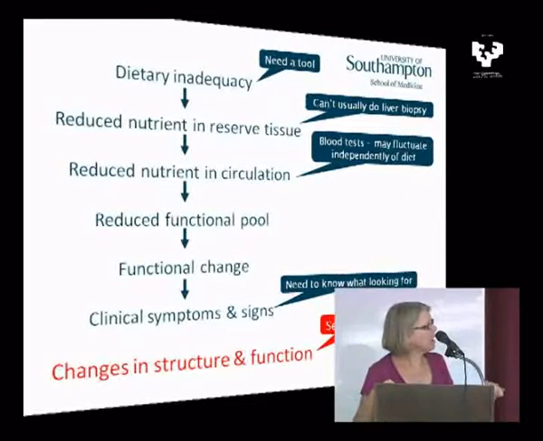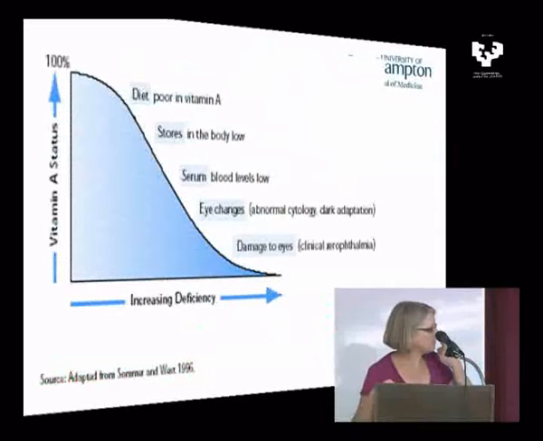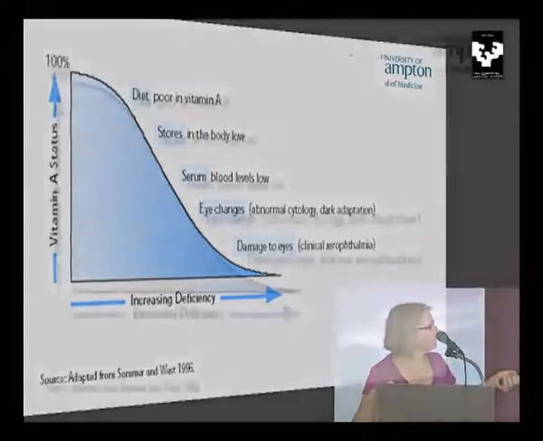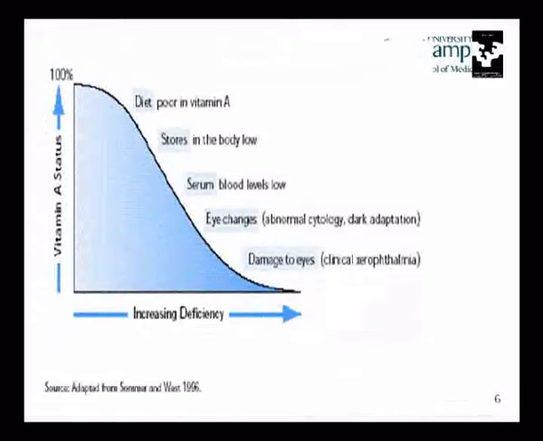And just to give you a very simple example, this is vitamin A deficiency, where you go from at the top here, that's a replete person, and as they go down to increasing deficiency, you go through these different states. So you're going to get poor diet, poor stores, low circulating serum levels.